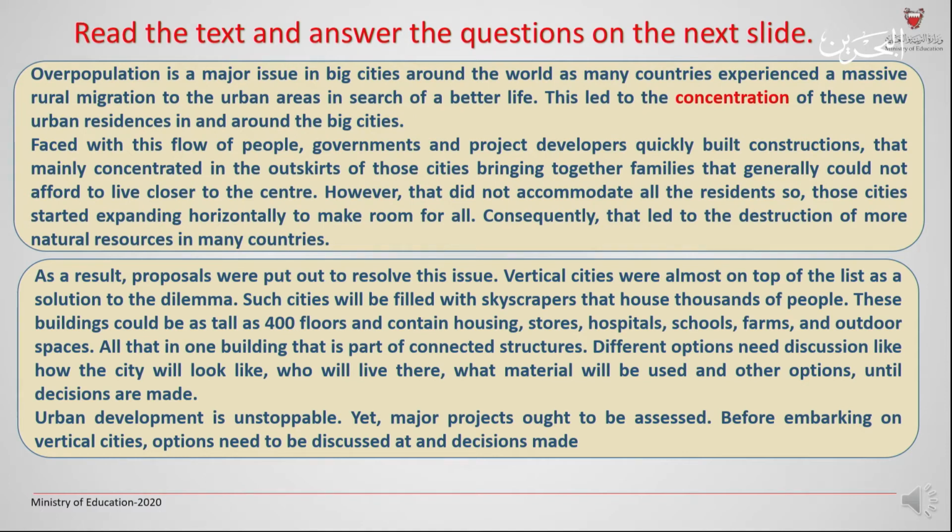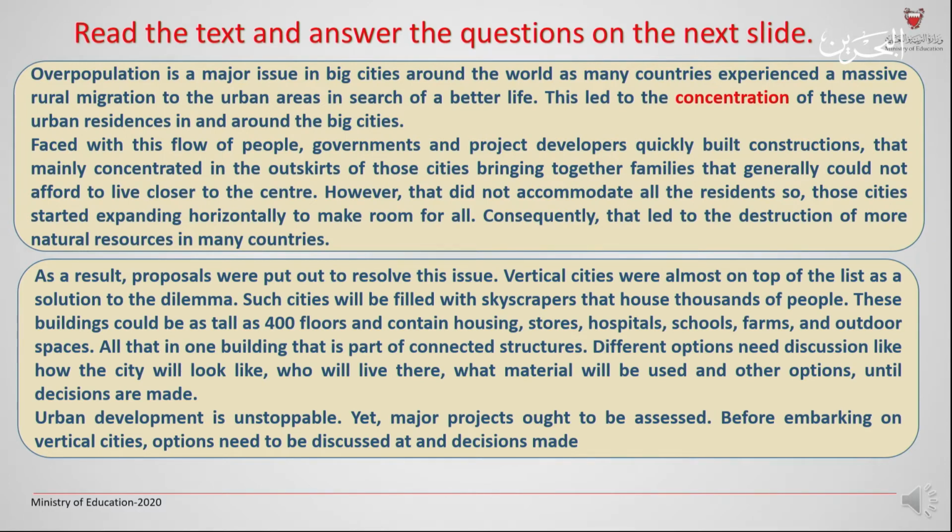However, that did not accommodate all the residents, so those cities started expanding horizontally to make room for all. Consequently, that led to the destruction of more natural resources in many countries. As a result, proposals were put out to resolve this issue.